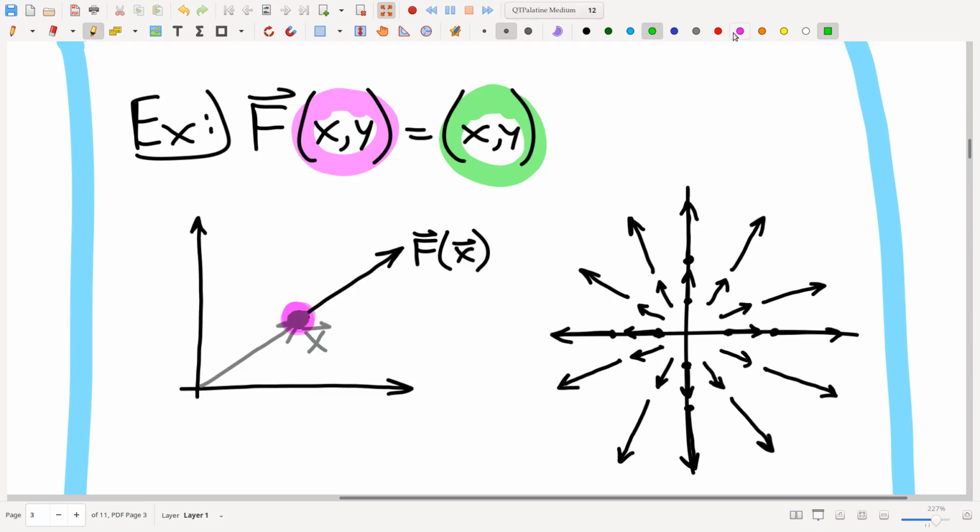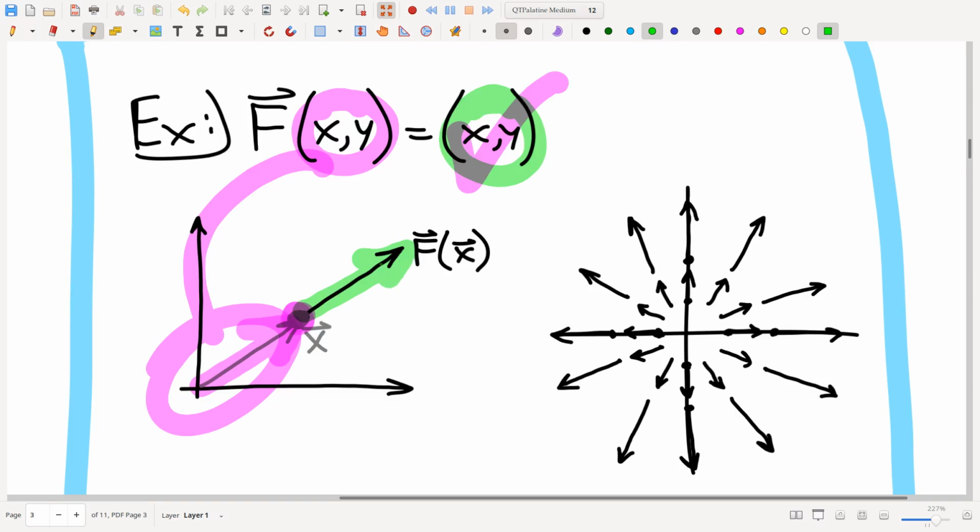The idea is that when you have a point, there is the corresponding position vector. This is the vector x, y. And so we draw the same vector there to represent the field. So, input point, output vector, but they're algebraically the same. How are we doing? Everybody happy with that?